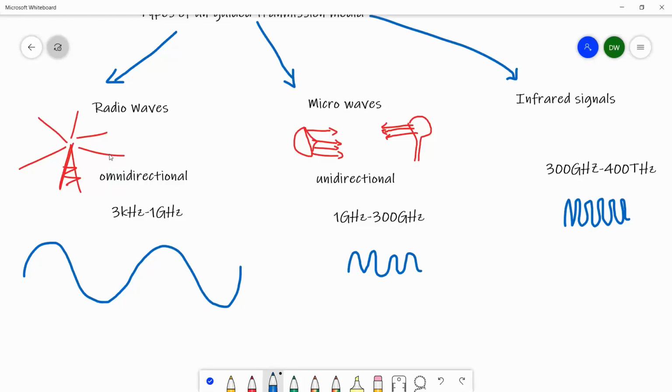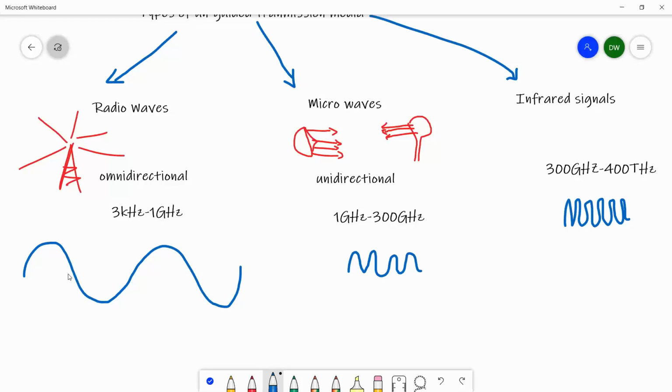So radio waves can pass through walls. They can penetrate through walls, and microwaves do not penetrate through walls, and infrared signals also cannot penetrate through walls. The reason for not penetrating through walls is the frequency. Microwaves and infrared signals have higher frequencies. Therefore, it is difficult for those signals to pass through walls and other hard objects.